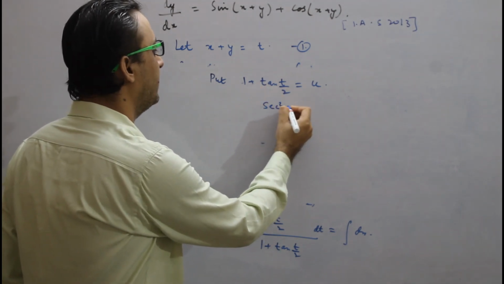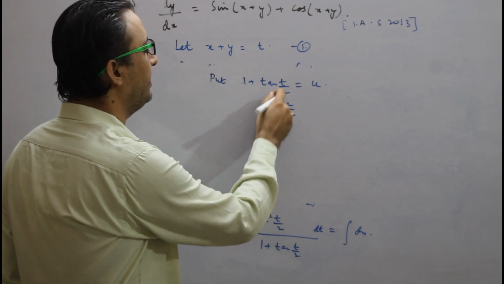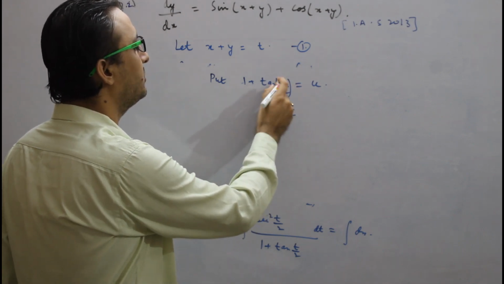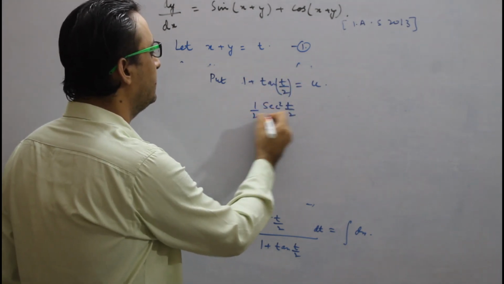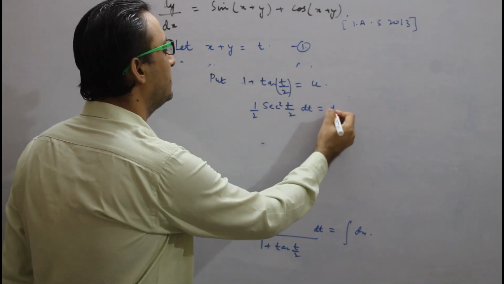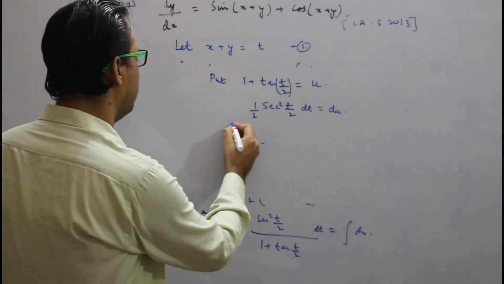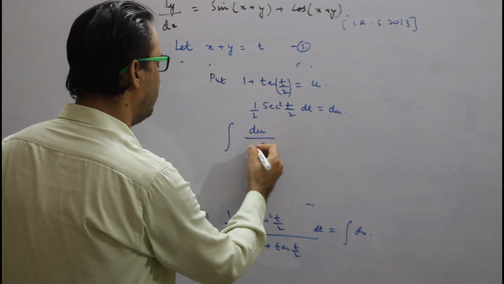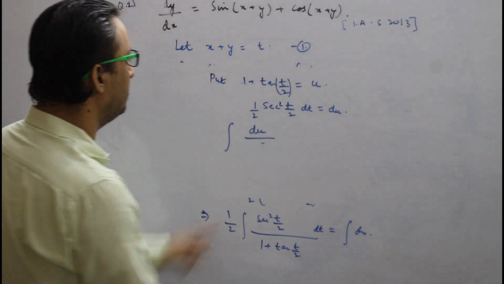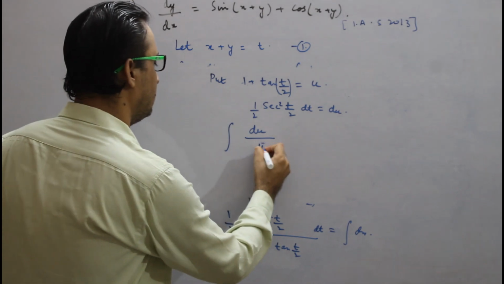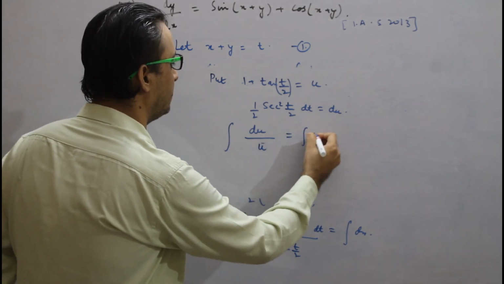This becomes sec square t by 2, and we have to take the differentiation of the argument also, that is half, so this dt is equal to du. So this whole thing is your du. So this is du divided by u, where 1 plus tan t by 2 is taken as u. So we got our answer.